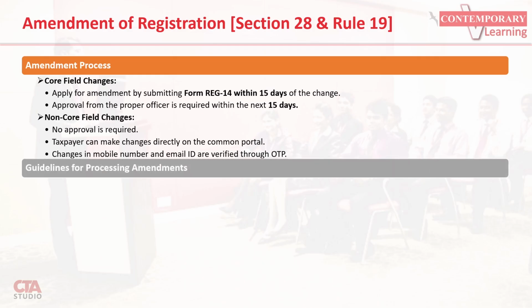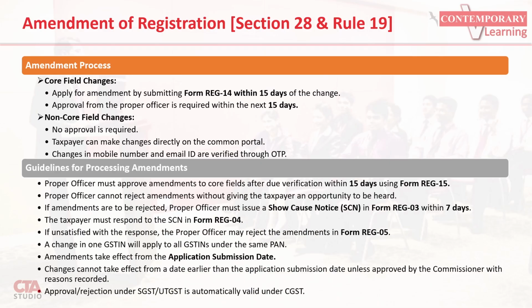Guidelines for processing amendments. Proper officer must approve amendments to core fields after due verification within 15 days, using form REG-15. Proper officer cannot reject amendments without giving the taxpayer an opportunity to be heard.